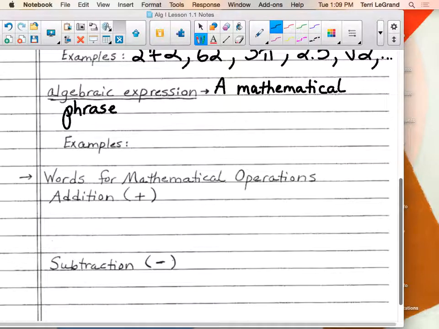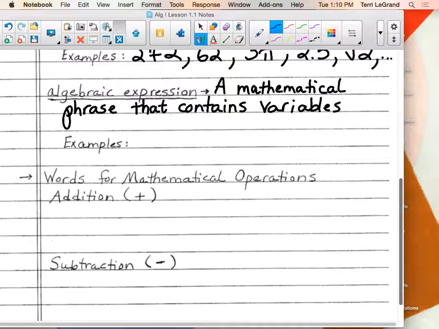A mathematical phrase that contains variables. I don't care how the book states this. It has to have a variable or variables, or it is not algebraic. To differentiate it from a numerical expression, you throw a variable in it.